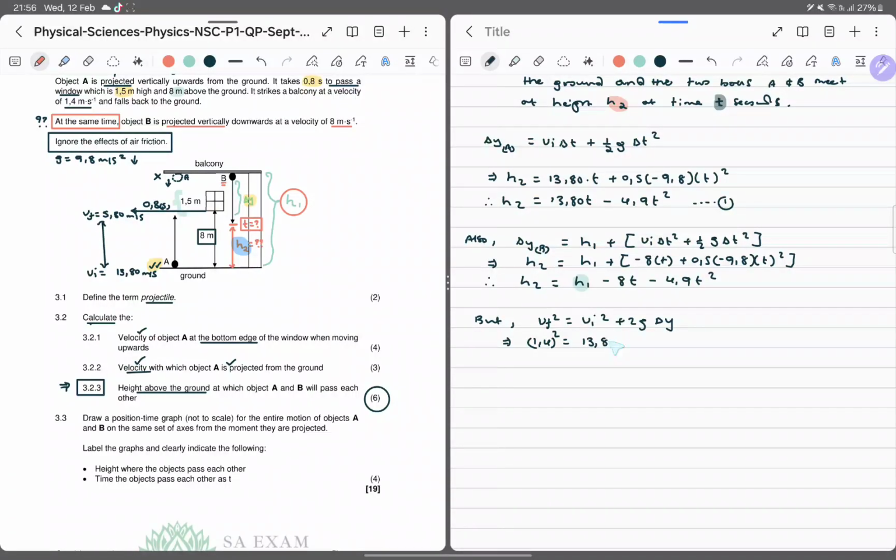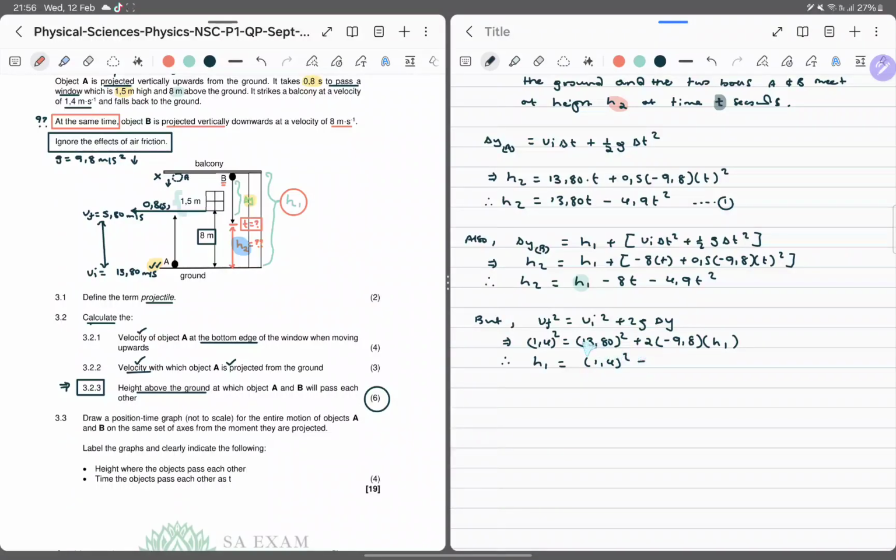It's 13.80 squared plus 2 into minus 9.8 delta y. In fact, instead of writing delta y this time, we can write h1, because that's the height of the balcony above ground.